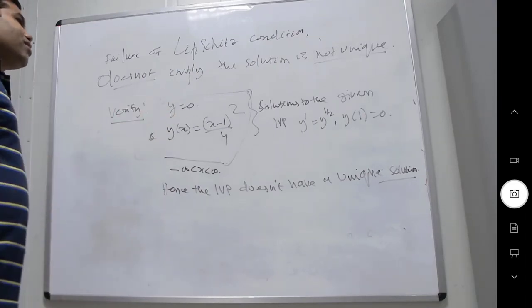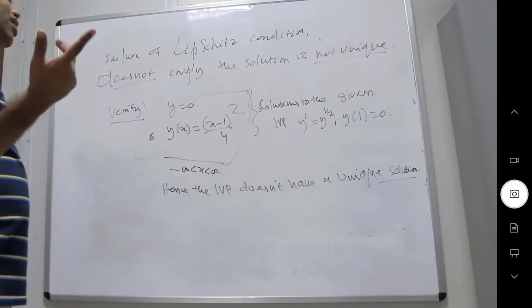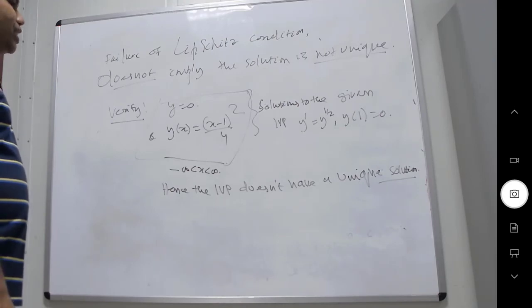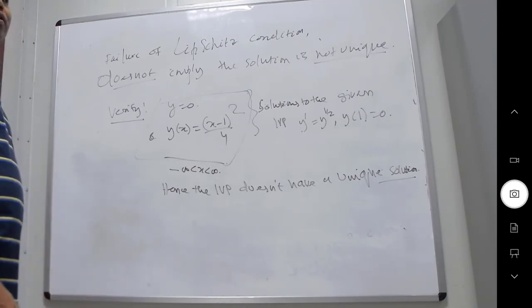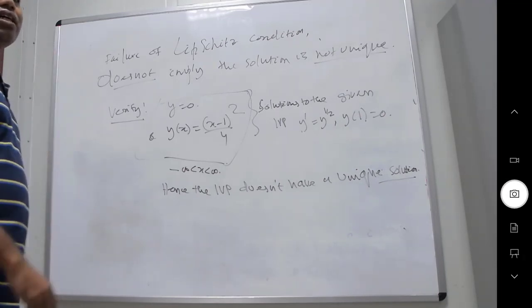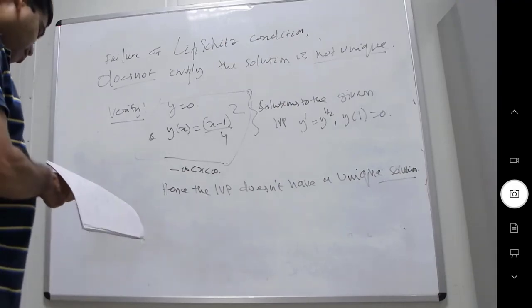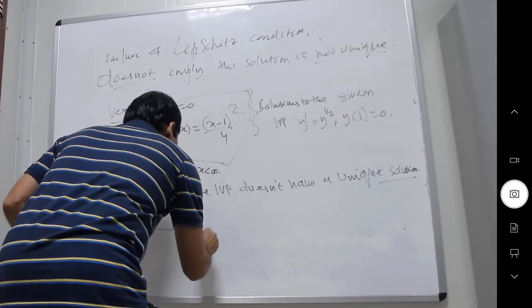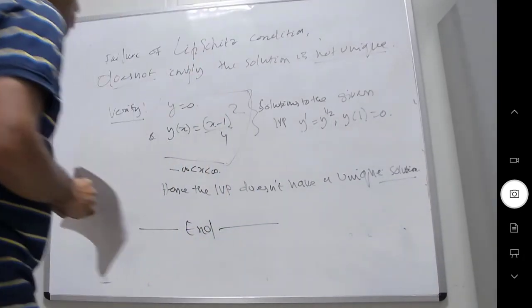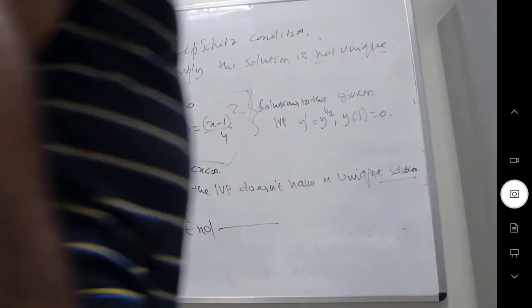You can solve the equation, find out the solution, and see whether we have more than one solution or always a unique solution, right? That is by solving. Otherwise, you have to use the Lipschitz theorem. If the Lipschitz condition is satisfied, you can tell the existence and uniqueness of a solution. So here we will stop, and in tomorrow's class we will see some more properties related to this. Thank you very much. Thank you.